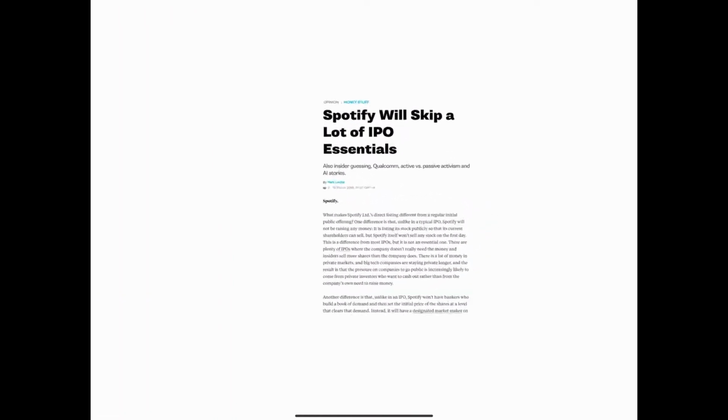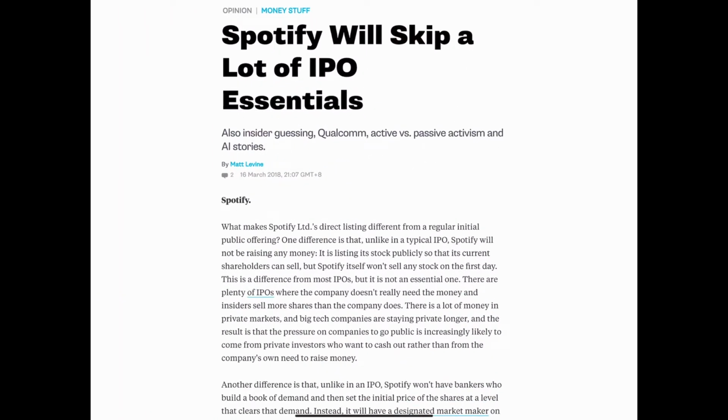I think it's covered in the next figure. Spotify will skip a lot of IPO essentials. In a nutshell, what's special about Spotify's IPO is that during its IPO process, it actually didn't issue any new shares.